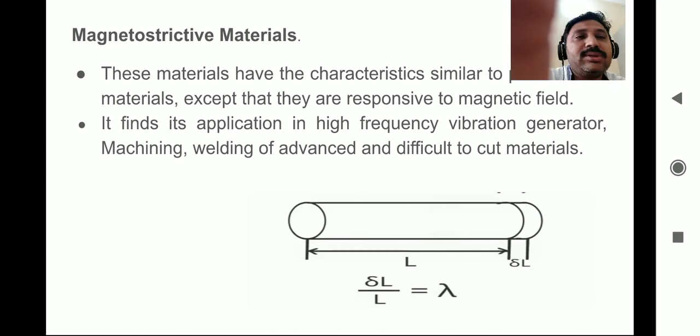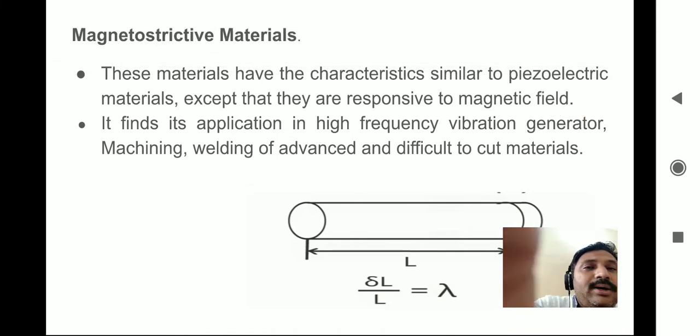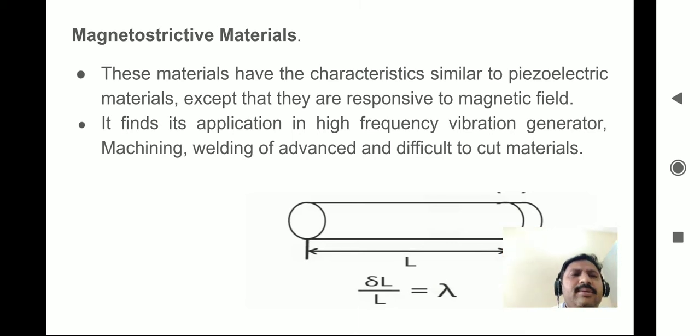Now magnetostrictive materials. What does it mean? Magneto means to magnetize ferromagnetic materials. When we magnetize the ferromagnetic material, it gets the characteristics of a magnet.